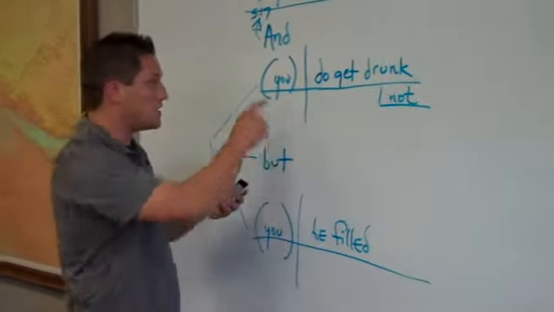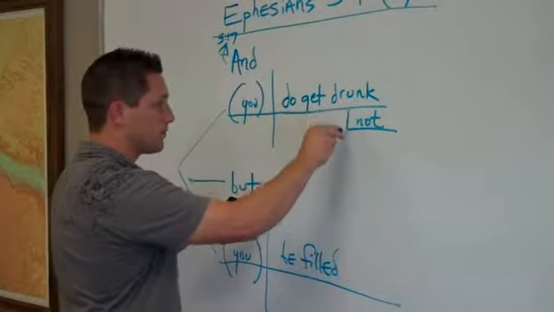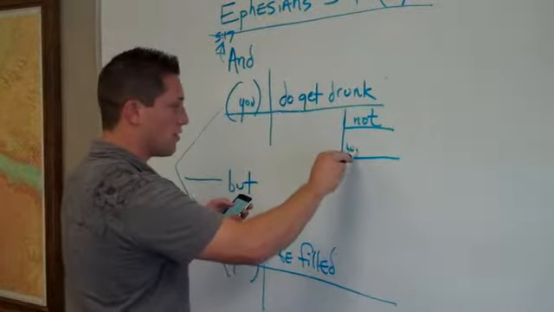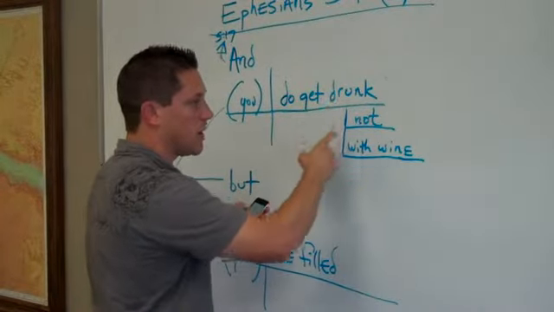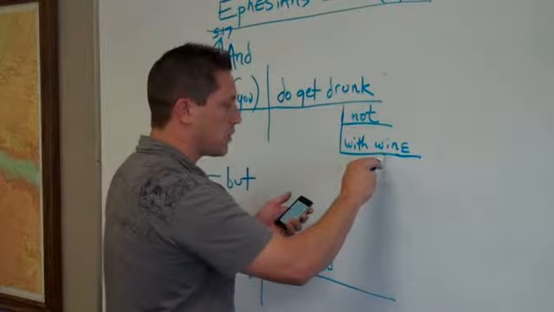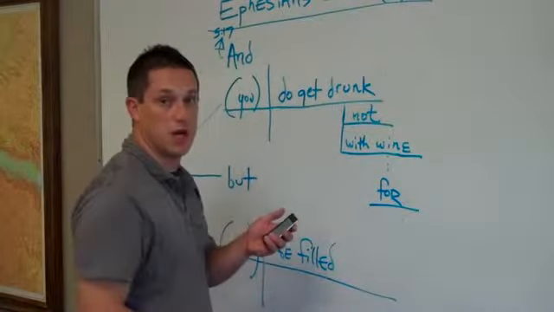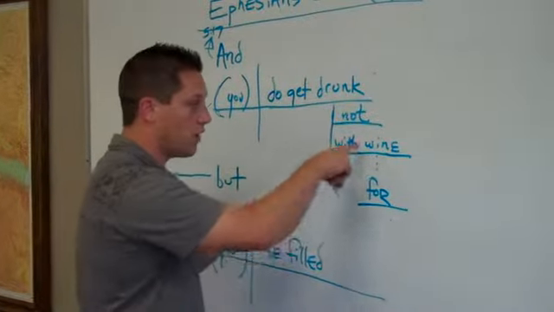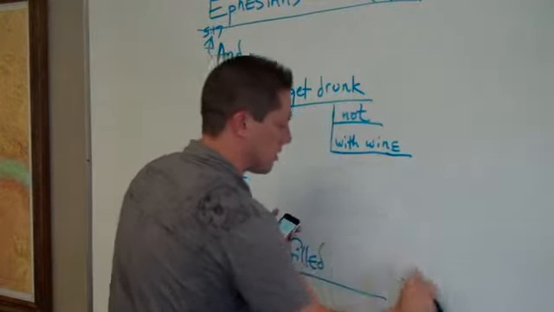In this particular case, he says, and do not get drunk, and he defines it with wine. So now he's telling you what you're not to get drunk with, and he goes on and explains that. He says, for, notice the conjunction, right? The conjunction for is telling us, really, actually that shouldn't be coming down from here, sorry about that.